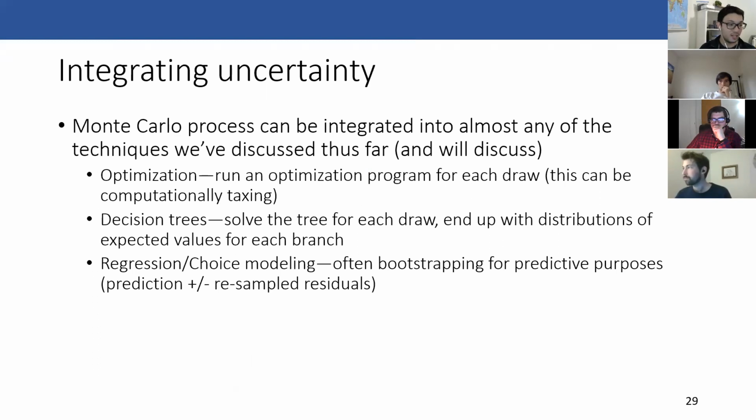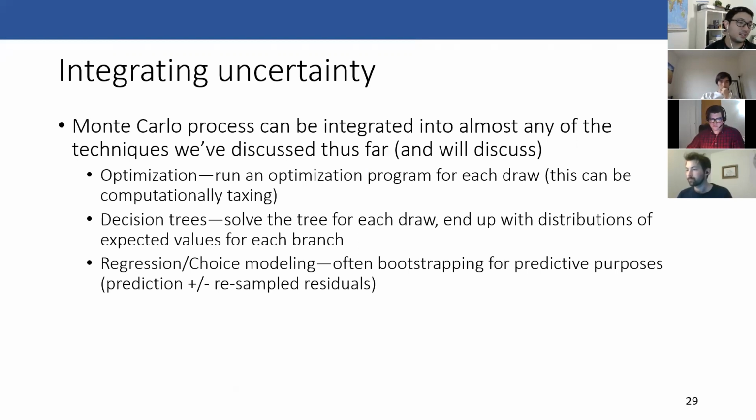In fact, I have a student who's doing Monte Carlo on an optimization for looking at bus costs in Davis, for example. And so a lot of this stuff can be really practically applied in your research. Decision trees, we just went through a whole bunch of examples of that.